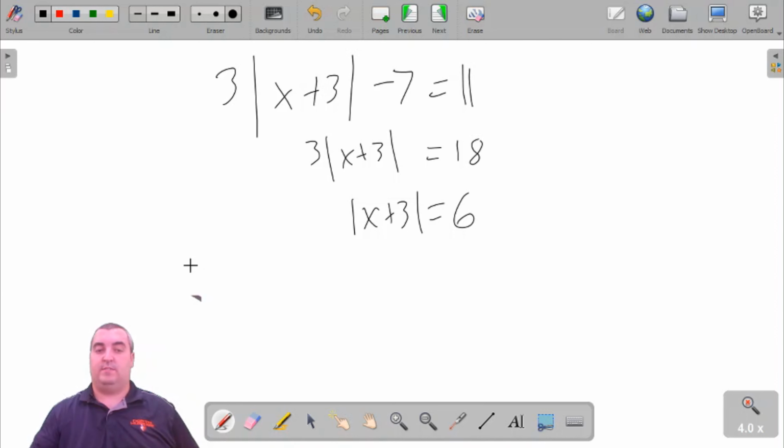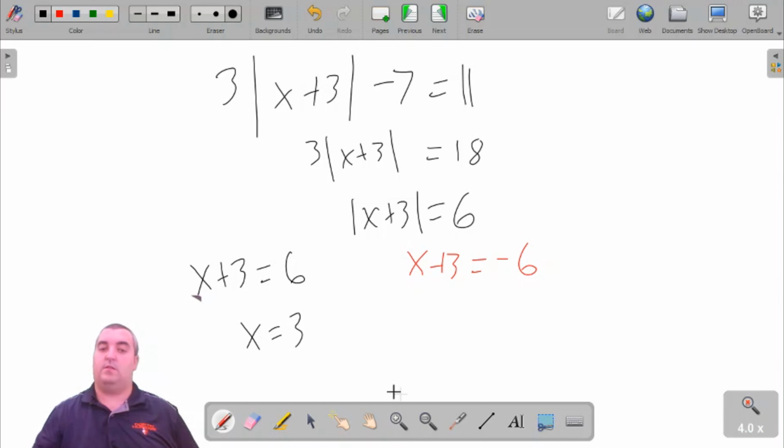It could equal the positive, or it could also equal the negative. So it could equal positive 6, or it could equal negative 6. Now you just solve them separately, and you'll get two answers. So this one, subtract 3, and you get x equals 3. This one, you will also subtract 3, and you get x equals -9.